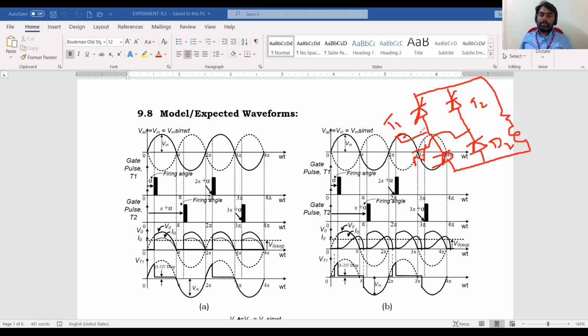Now you can see during positive half cycle, P is connected to positive, N is connected to negative. So I can say T1 and D2 are in forward bias condition. So if I trigger T1 at this particular point, this is replaced by a short circuit, and the current will take the path like this through T1 anode, T1 cathode, R, L, D2 anode, D2 cathode, like this.